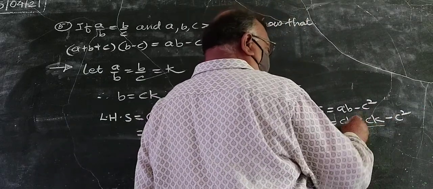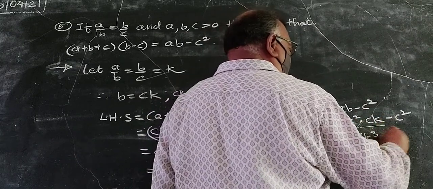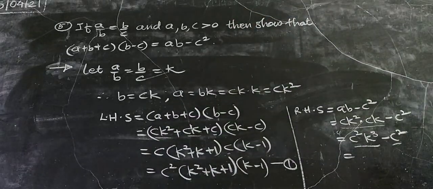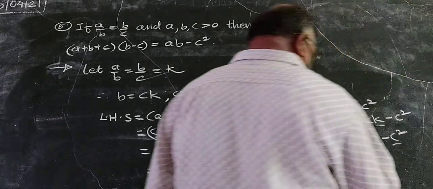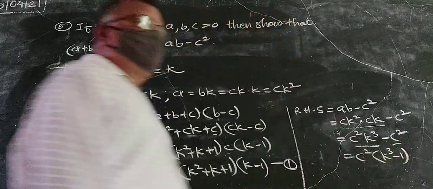Now we will multiply this. C into C, C square. K square into K is K cube, minus C square. What is common among these two terms? C square is common. So I will write C square in the brackets, K cube minus 1.